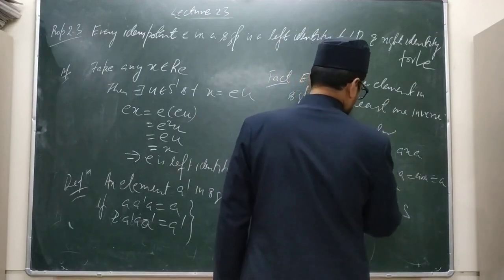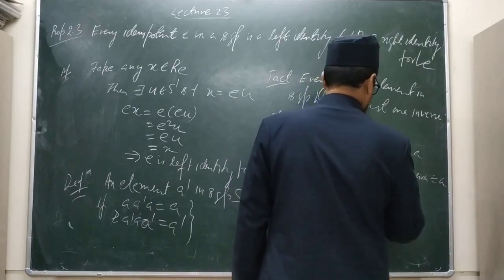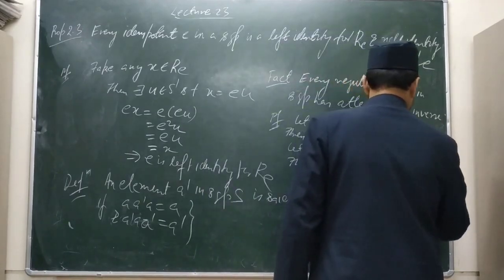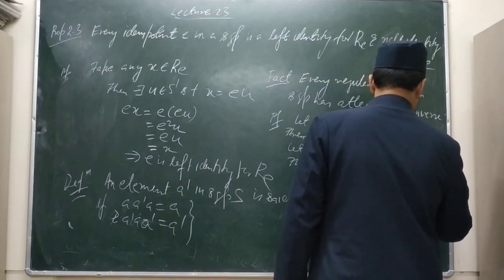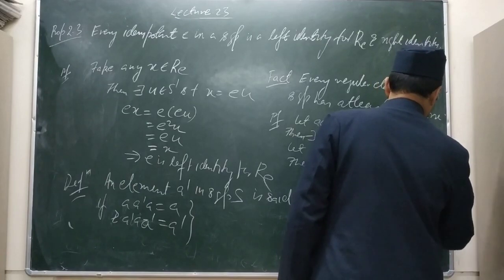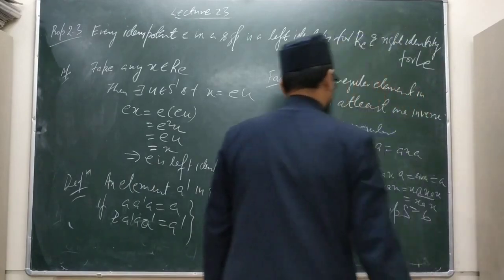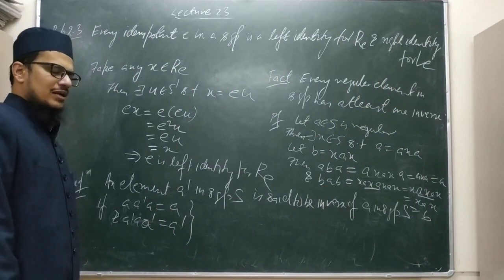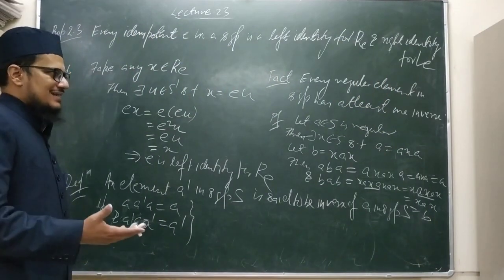So axa is what? a. So it will come as xax. Now this is what? xax. So this is what? b. So in this way we have proved that every regular element has at least one inverse.